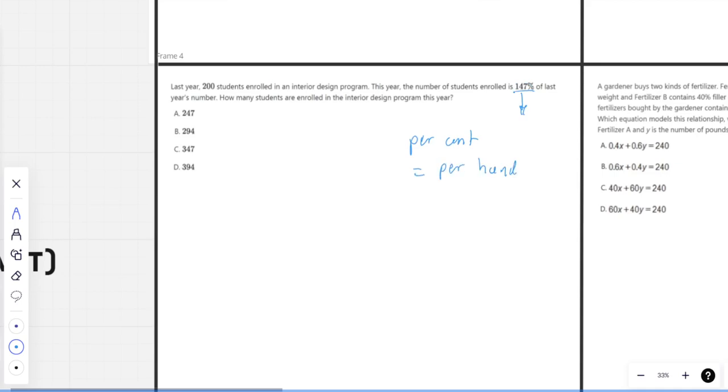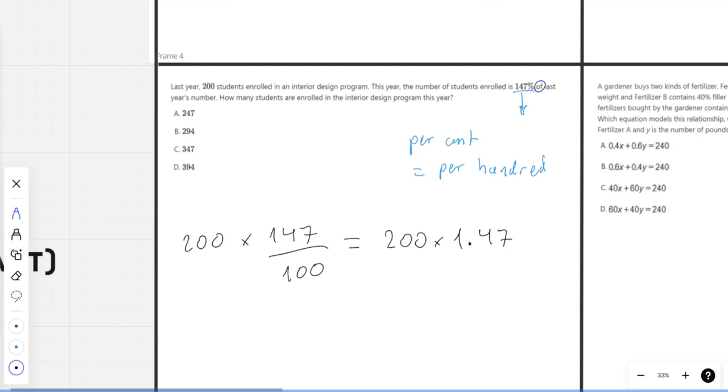You think of the word century, that's 100 years. And the word of also means multiply. So really what I'm going to do is take the 200 students and multiply by 140%, which is the same thing as 200 times 1.4.